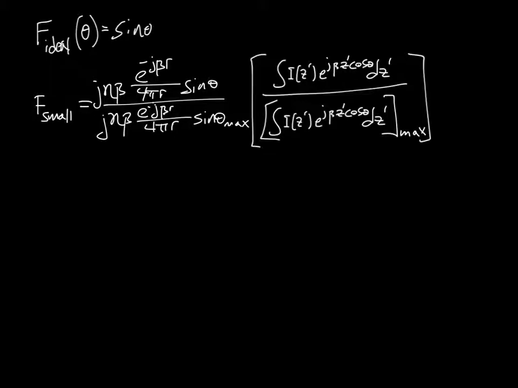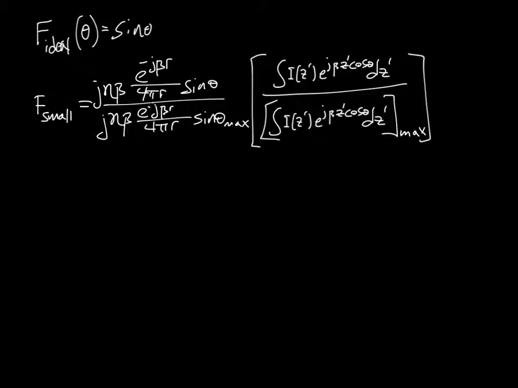We chose a z direction, so we get a sine theta. If we had chosen orthogonal to the z direction, we would get a cosine theta. Or if we had chosen a different type of current, for example, an aperture current, then we would get something different than sine theta or cosine theta.